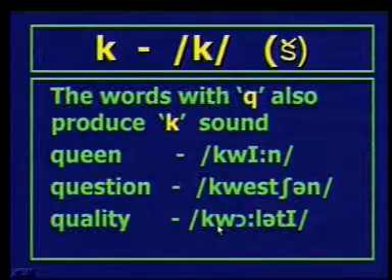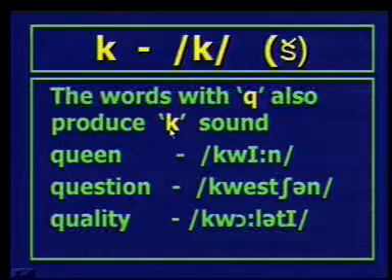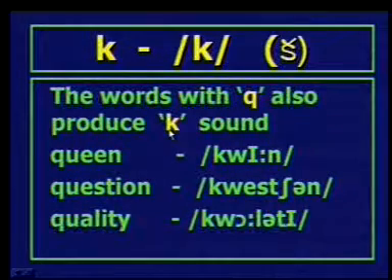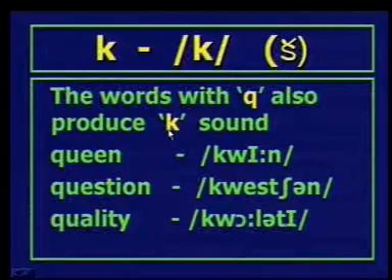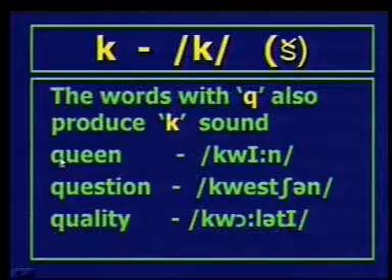The words with Q also produce K sound. Interestingly, Q is a letter which is very difficult even to pronounce for any kind of non-native speaker. We say it Q. Even in that sound, we are getting Q, which is beginning with K sound if you observe.